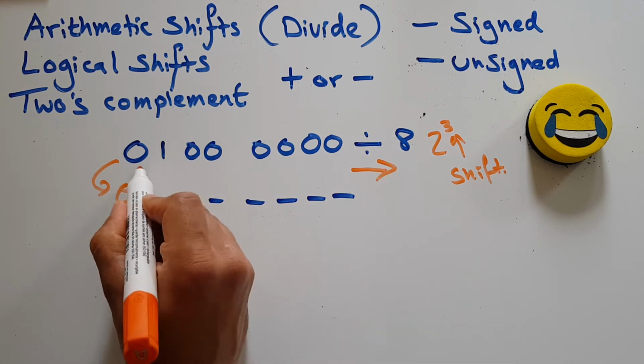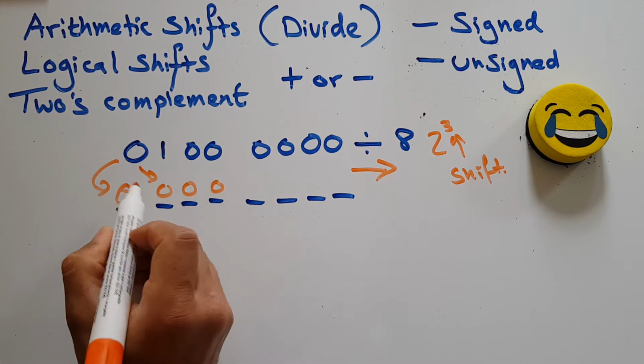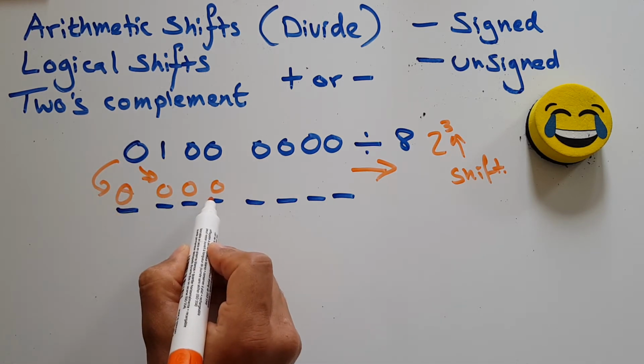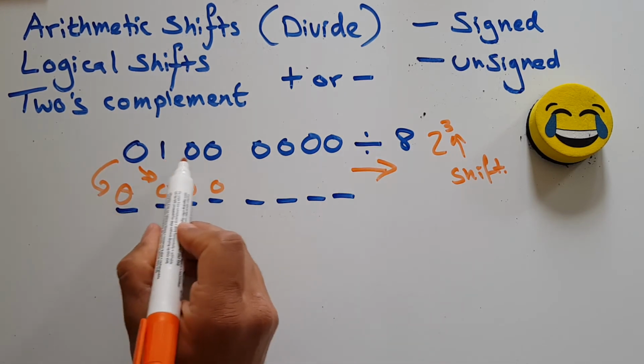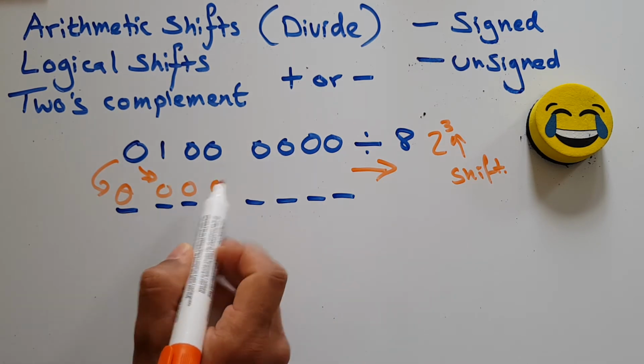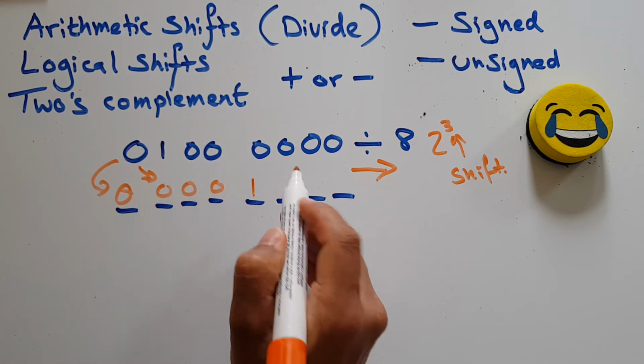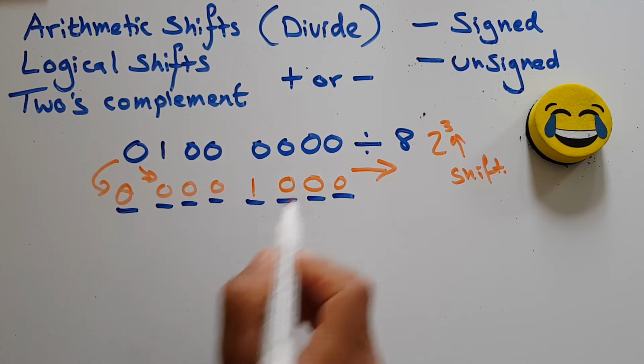So here's 1, here's another, and here's a third one. So that's 3 copies of the MSB. Now I'm going to shift the rest of my binary. So this 1 gets shifted 3 times. 1, 2, 3. And then actually looking at it, the rest are all just zeros anyway. So I'm going to drop in the zeros.